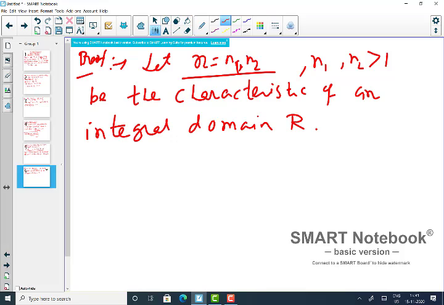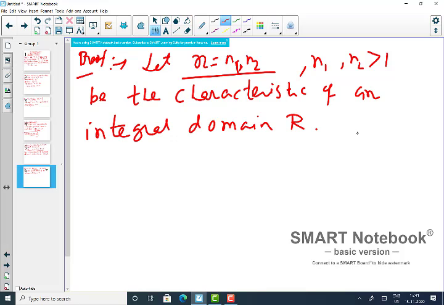Okay, so I want to check whether this integral domain has... integral domain means a commutative integral ring. Remember, this is a commutative ring having no zero divisor, right? Now if this is the case, then what happens? Then we need to find out something.